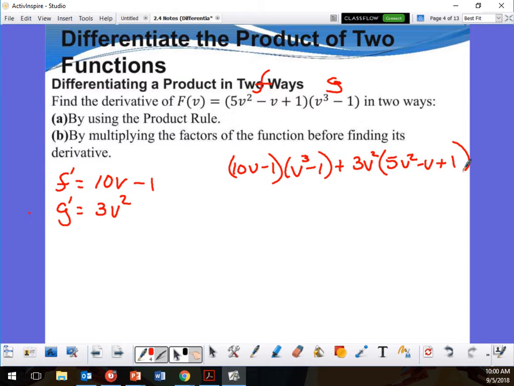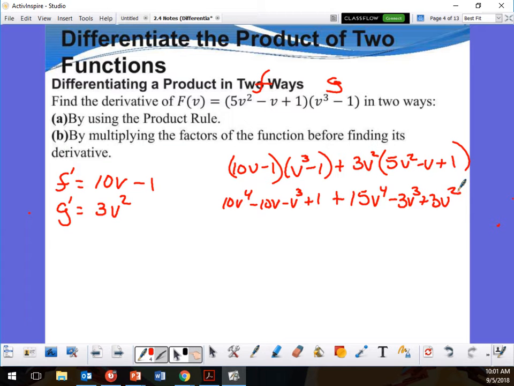I have to do some distribution anyway. So I distribute this: I get 10v to the fourth, minus 10v, then minus v cubed plus 1, and then as I distribute this, it's plus 15v to the fourth minus 3v cubed plus 3v squared.